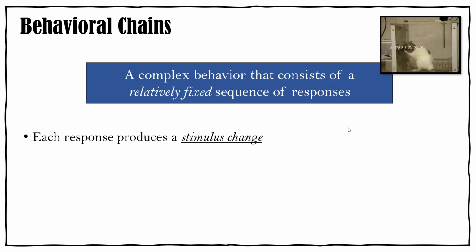Each response produces a stimulus change. So each mini behavior in your fixed sequence of responses, or every little component of the target skill that you're trying to teach, produces a stimulus change in the environment. So it produces some type of consequence.